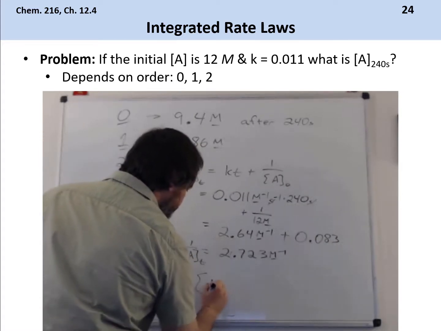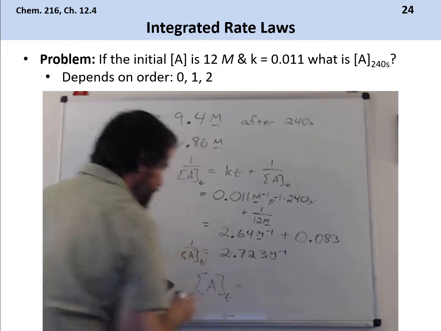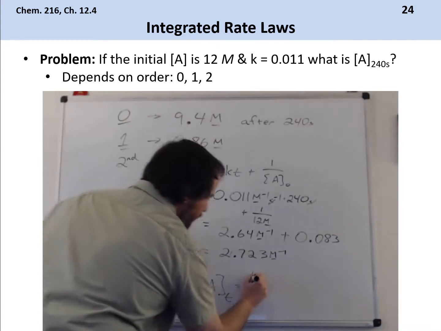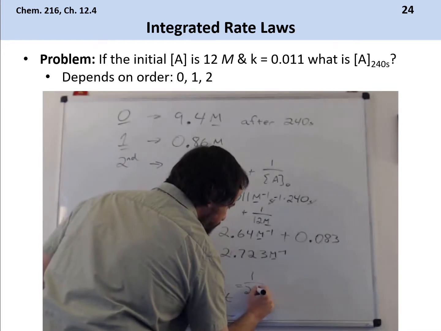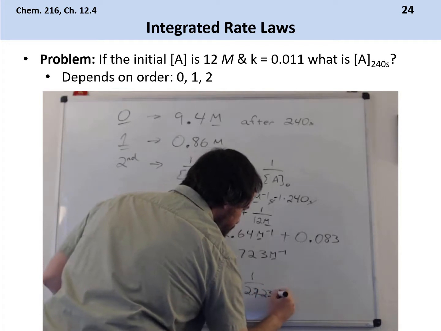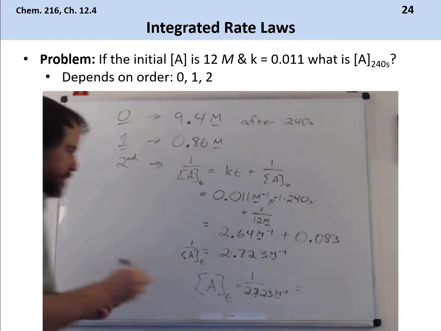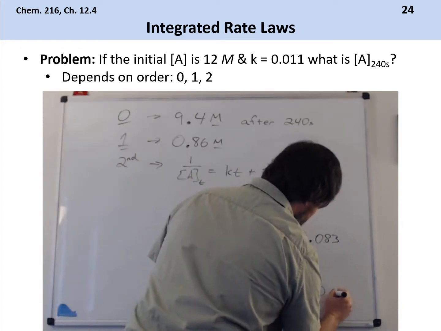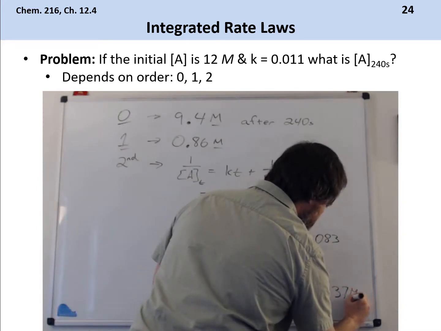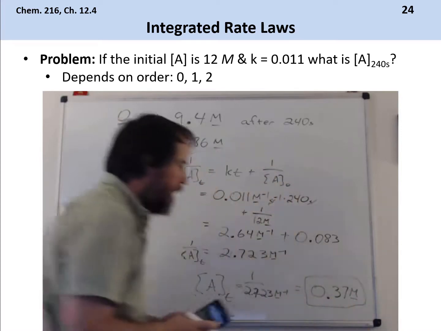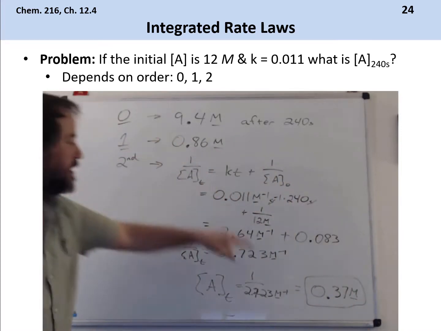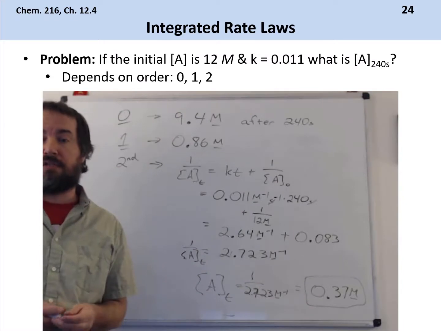So if you have 1 over A at t, I'm going to do the opposite of this, and that's going to get me my concentration. So with second order, I get a different concentration after 240 seconds.